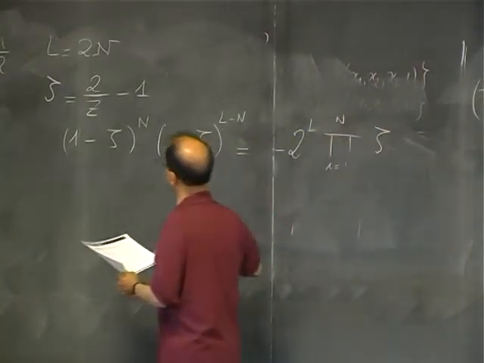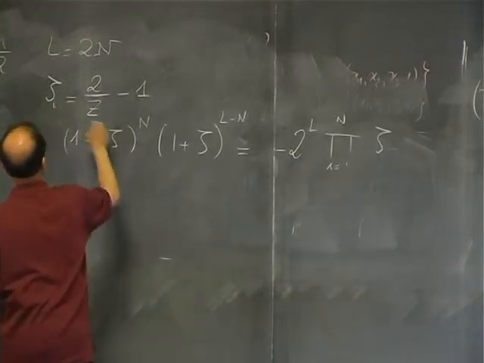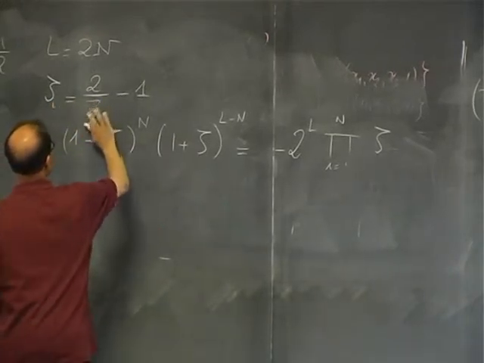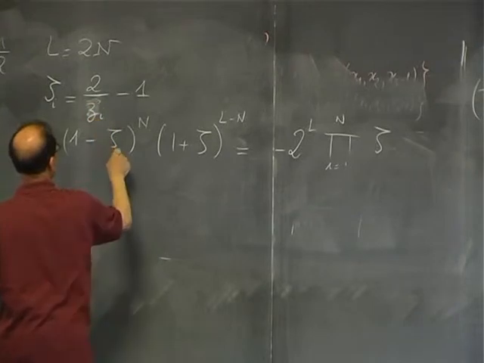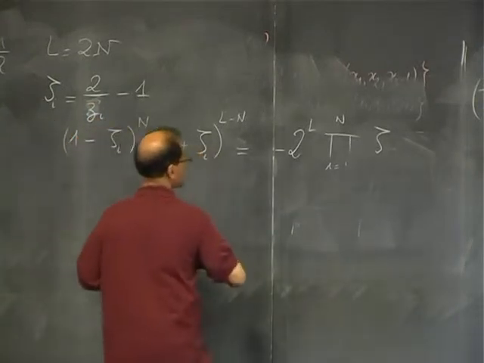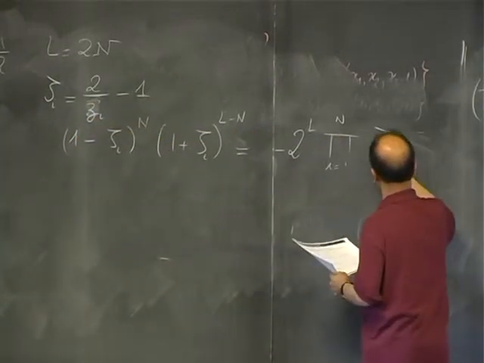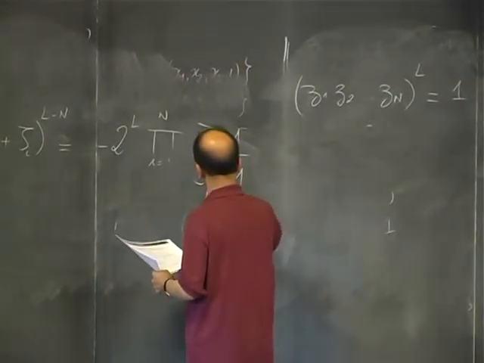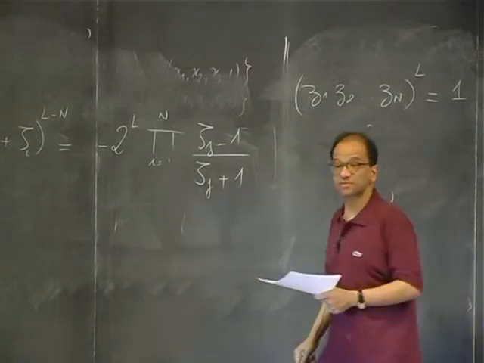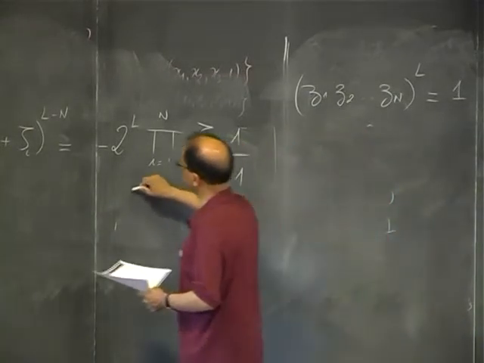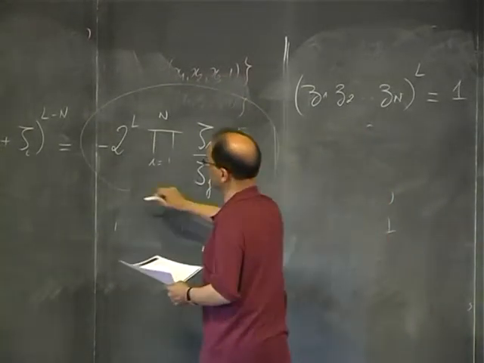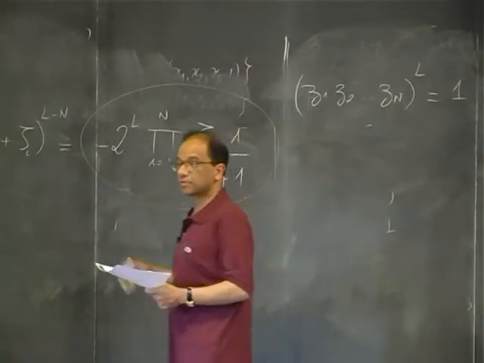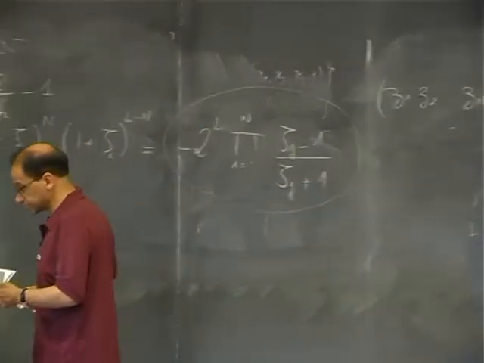Of course each z is z_i. Now you see it's a nice polynomial equation, and again this thing does not depend on i. It's a constant right-hand side.